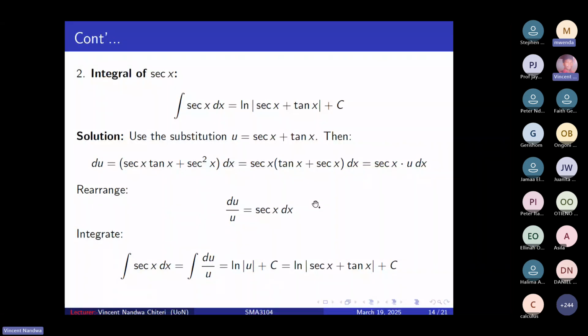Then with the substitution, the answer is obvious. Similarly, for functions involving sec and tan, when you have sec to the power m, tan to the power n, they can be done in similar ways.